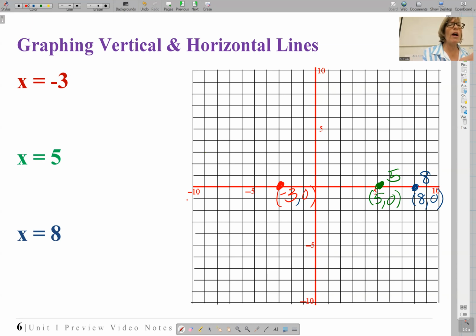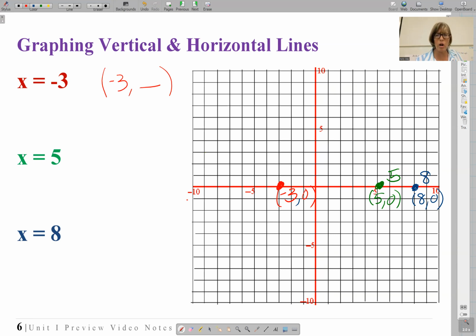So how do you graph x equals -3, the line? This should read -3 comma something. It reads like this: all the points where x is -3. Say that with me. All the points where x is -3. So the easiest way to graph the line is to start graphing a bunch of points at -3 comma something.